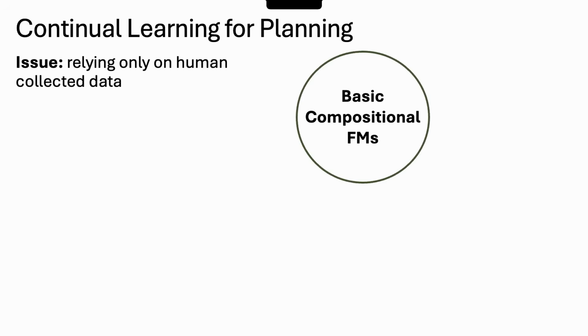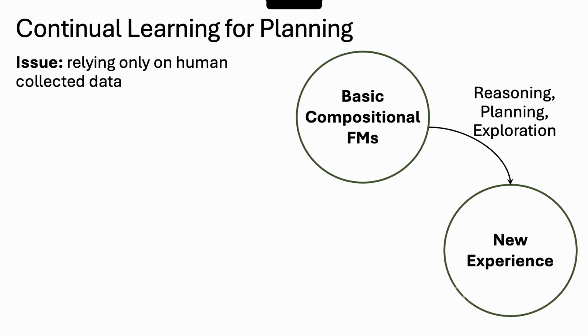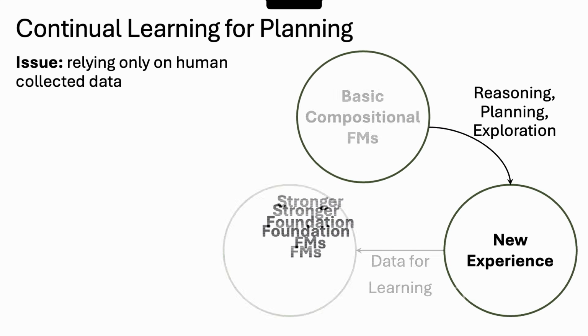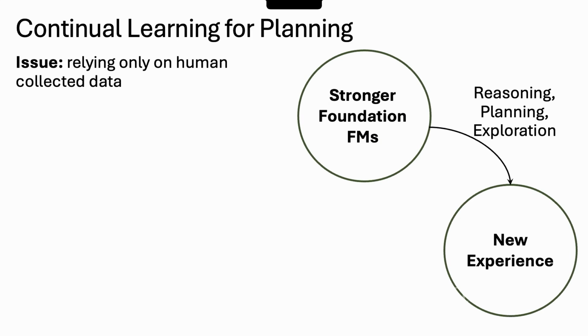But what we really hope is you start from some basic computational foundation models. Now you use the reasoning, planning, and maybe exploration algorithms that you have developed to get new capabilities and then to get new experience in the world. And hopefully these can become the data to train the next generation of foundation models, which will then become the basis for the future iteration.